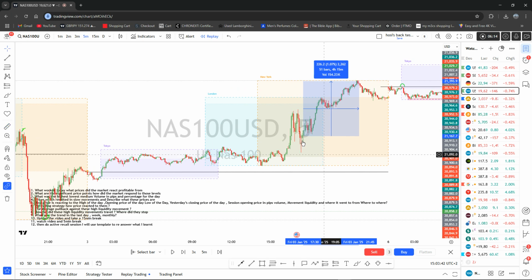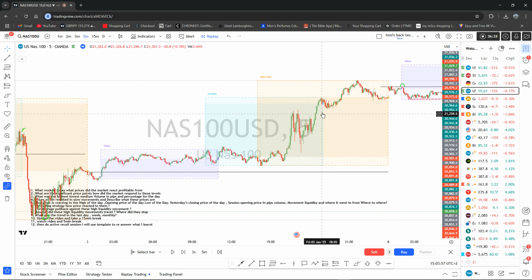It happened at 5:30, and right at 10 minutes past 6, that's when the strong movement came, and price stopped here.